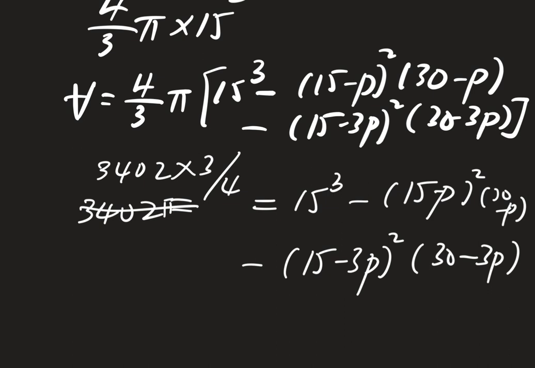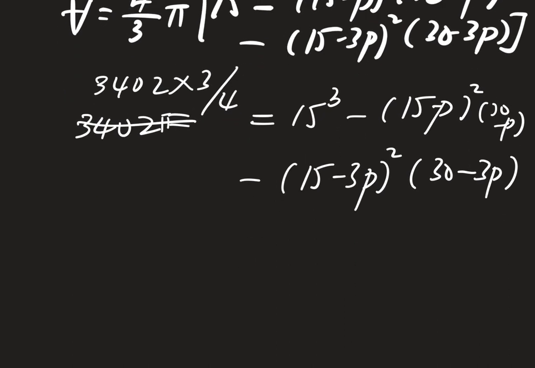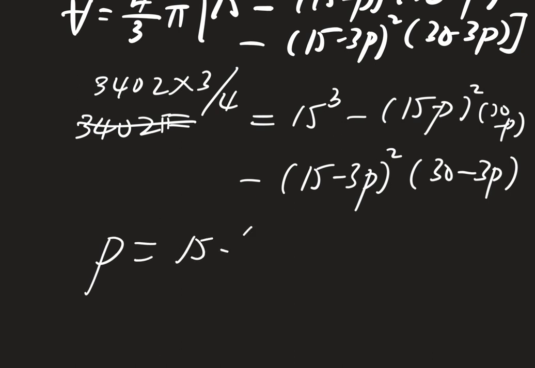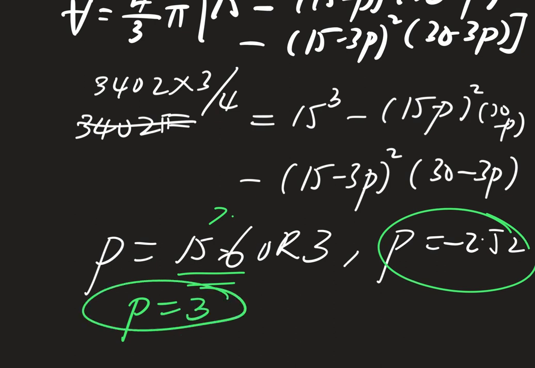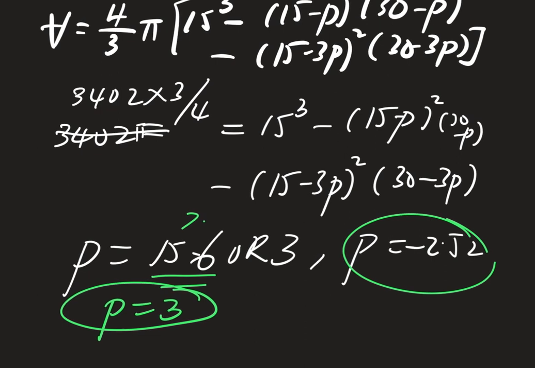Then you get P equals 3, or P equals 15.6, or P equals minus 5.25. We know that P cannot be negative and cannot be more than 15. So P has to be 3. I think it's better to use the calculator to solve it, unless you really like to go into details.